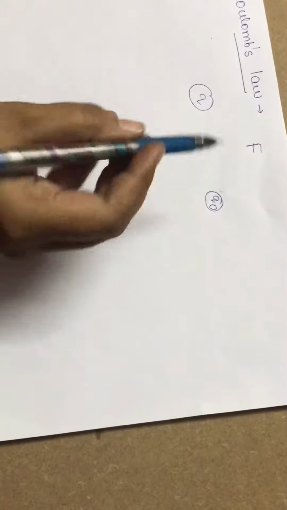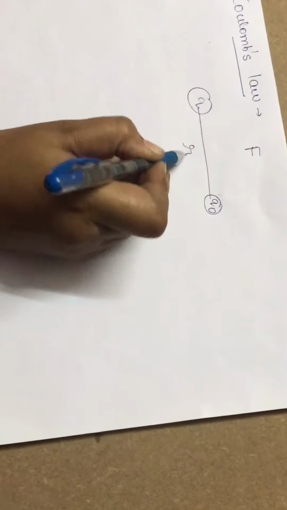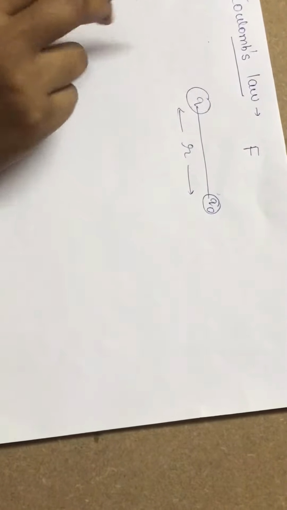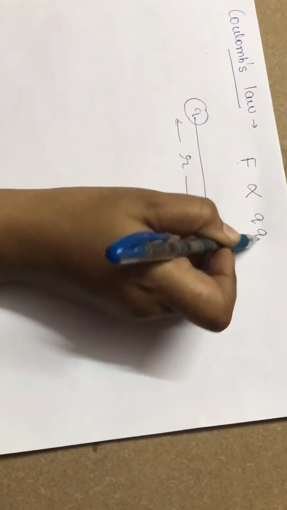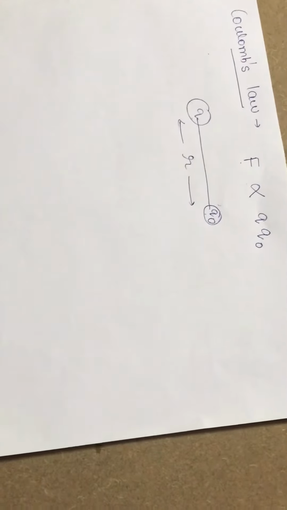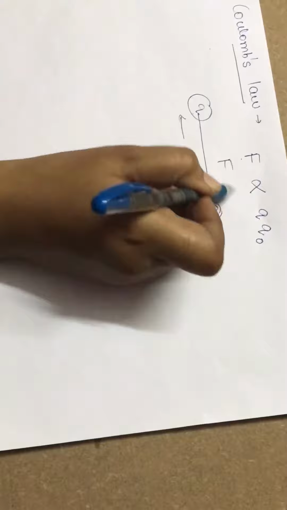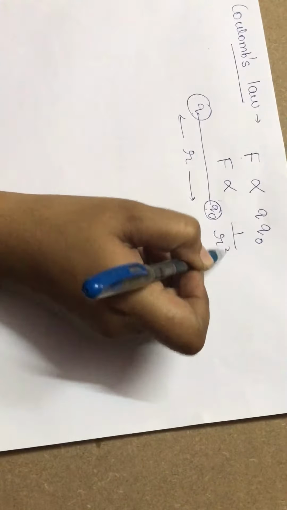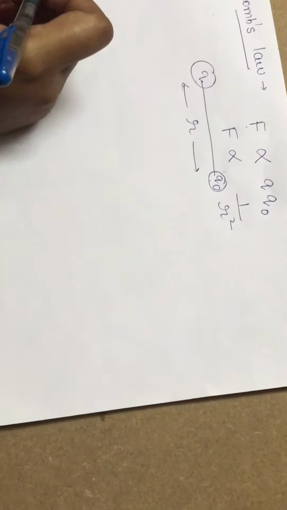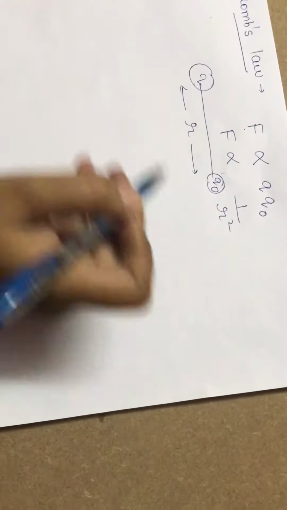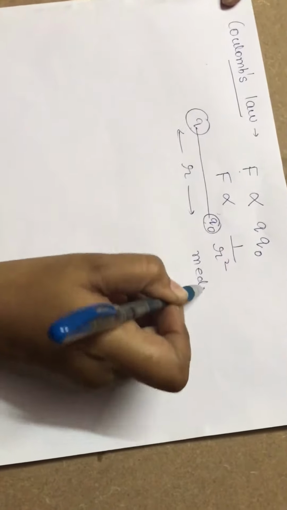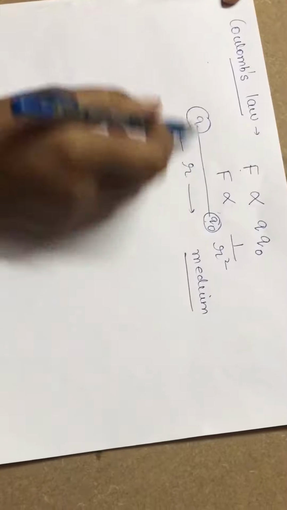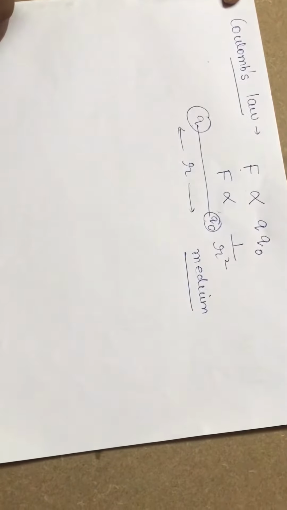The charges have the magnitudes Q and Q naught, and their distance is R. So Coulomb's law states that the electrostatic force between two charges is directly proportional to the product of their magnitudes, inversely proportional to the square of the distance between them, and depends on the medium in which these charges are placed.